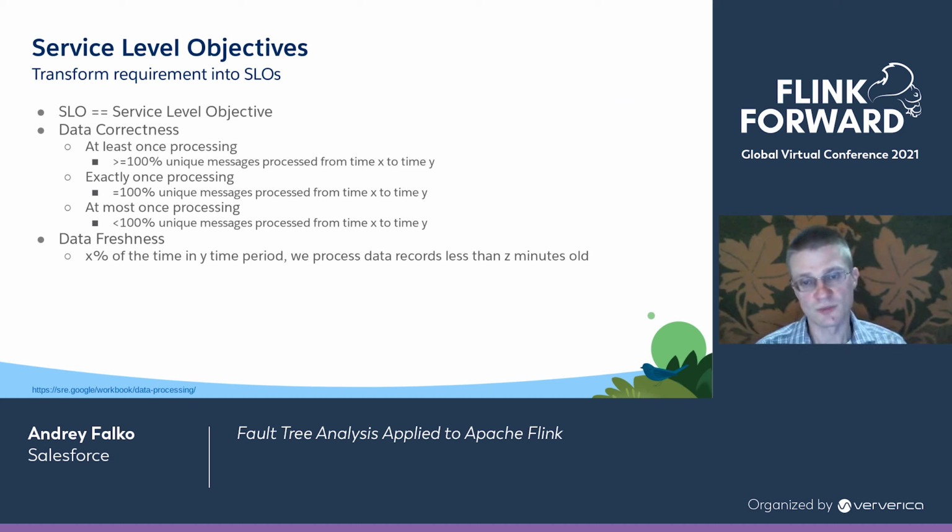At most once processing means that you can skip over data in order to process more recent data. The second SLO we'll call data freshness. We want to alarm when we fall behind too much in processing. We usually keep track of event time and see how far away it is from the processing time.